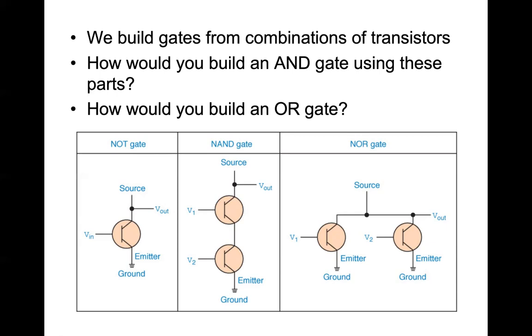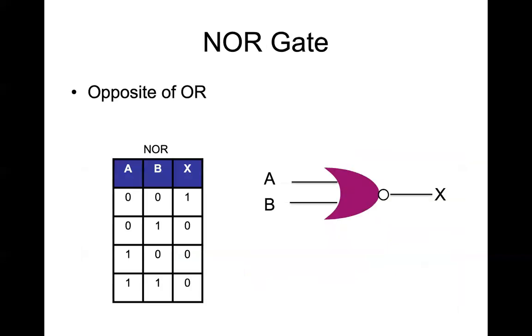And what if we want to build a NOR gate? Well, we can build it again with two transistors, but connect them in parallel instead of in series. So for a NOR gate, let's look at the case where both inputs are low and the output is held high.